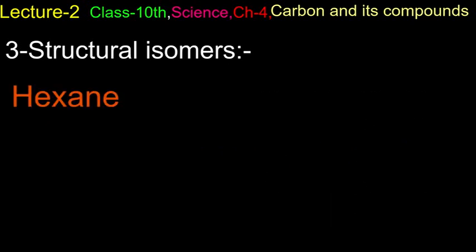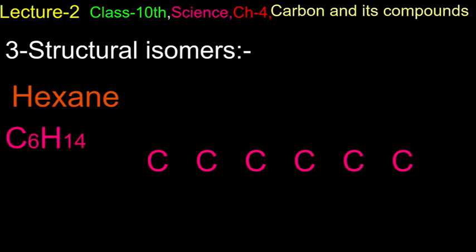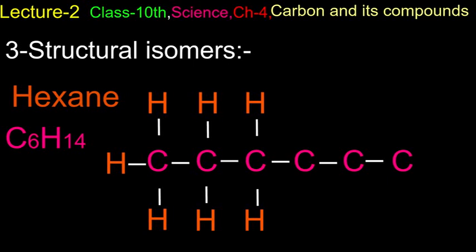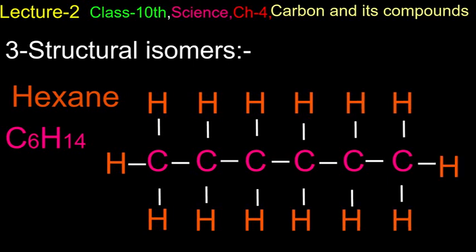Next is hexane with 6 carbon atoms. Its chemical formula is C6H14 and one of the structural formula is CH3, CH2, CH2, CH2, CH2, CH3.